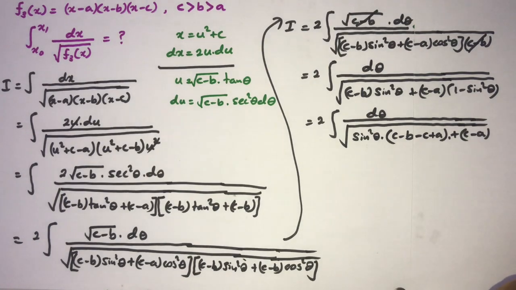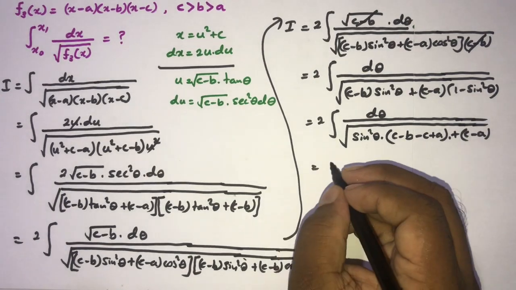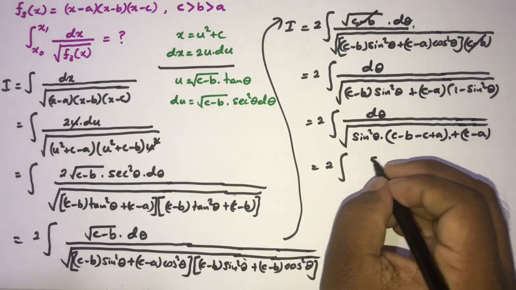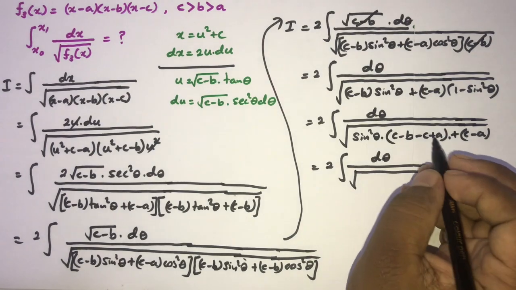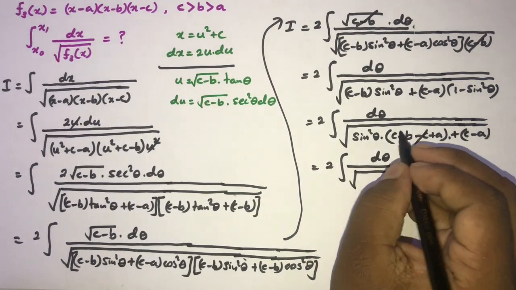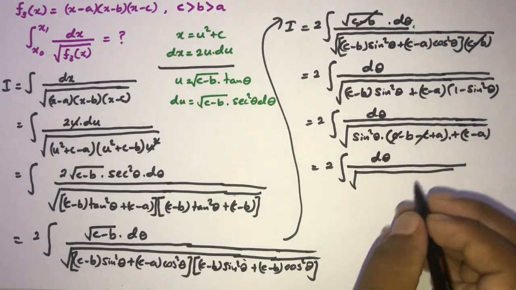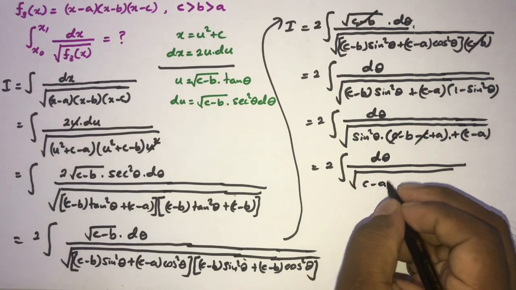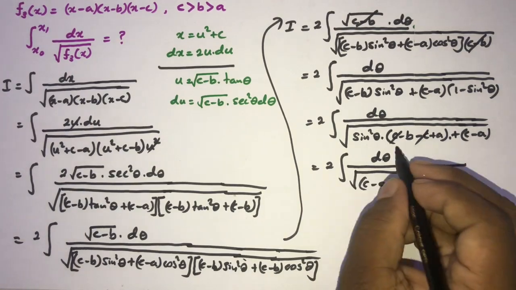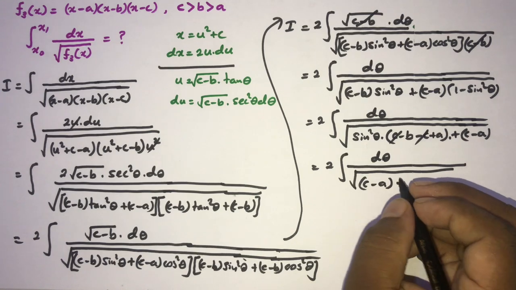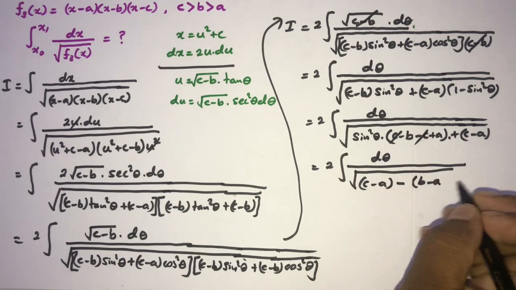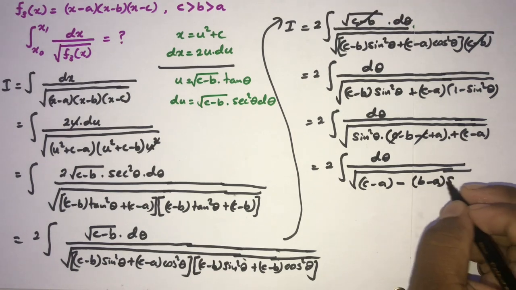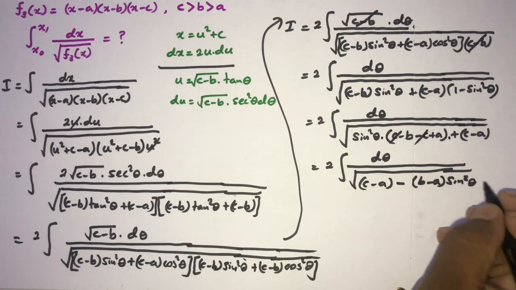Then 2 times d theta over the square root of, now we know c minus c gets cancelled, and we have here c minus a, here I am going to take the minus sign as a common factor, so we have b minus a times sine square of theta.